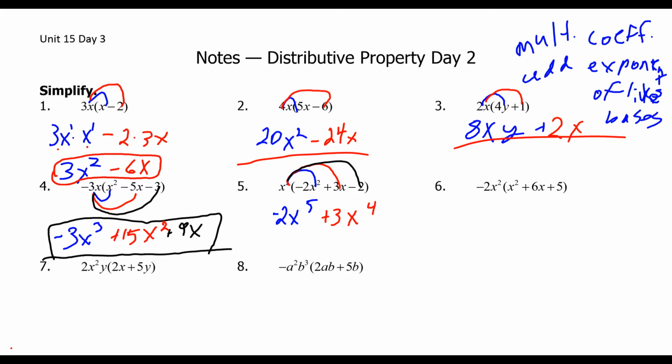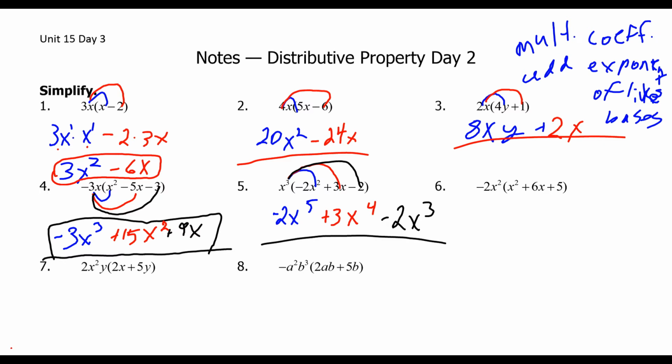And then we got x cubed times minus 2, which is going to be minus 2x cubed. And there we have it. That would be our answer.